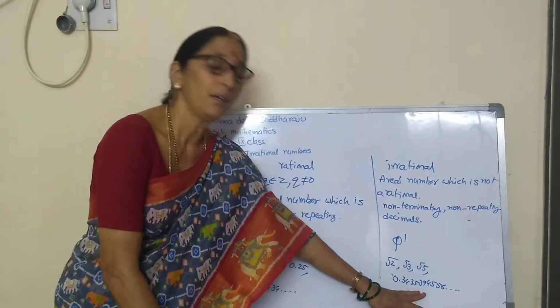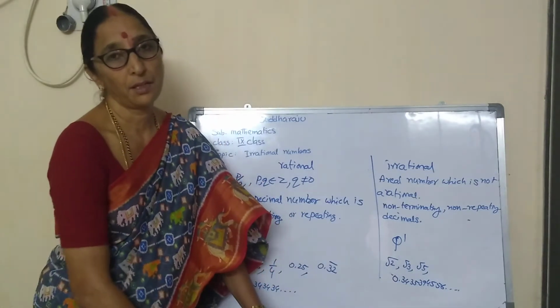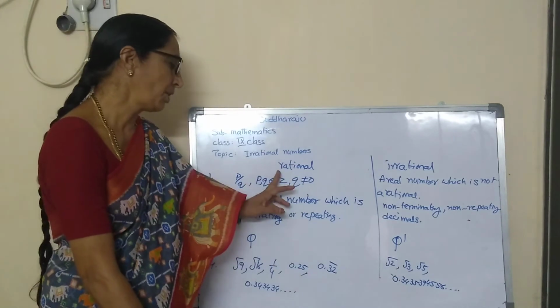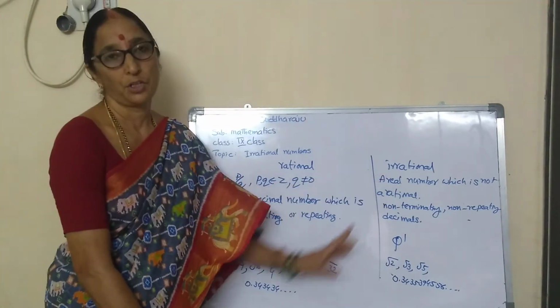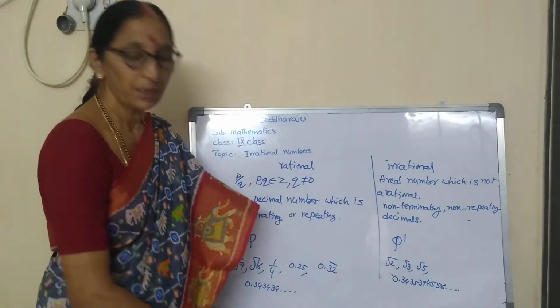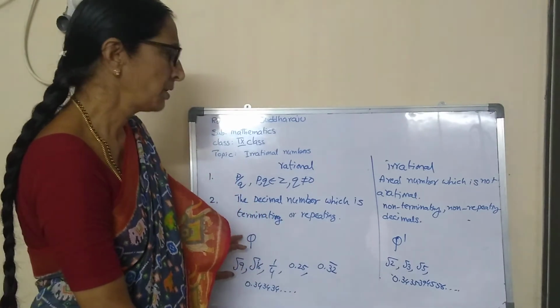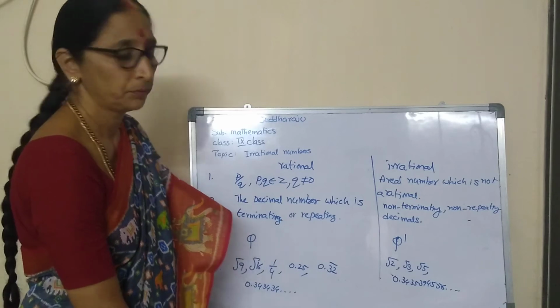So it is an irrational number. These are the differences between rational numbers and irrational numbers. Can you understand? Note down the differences in your notebook.